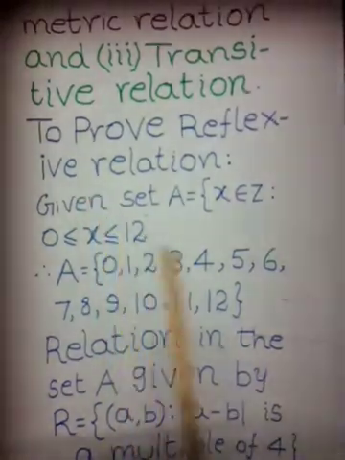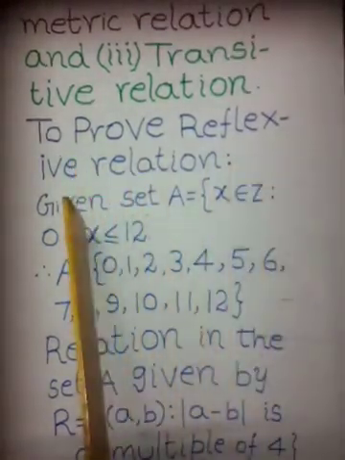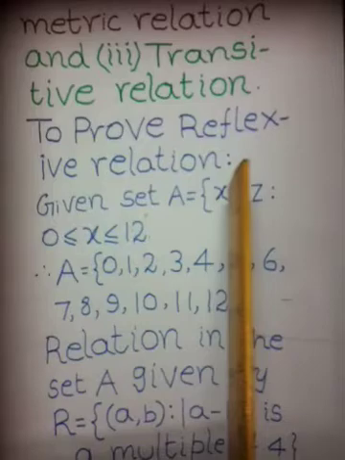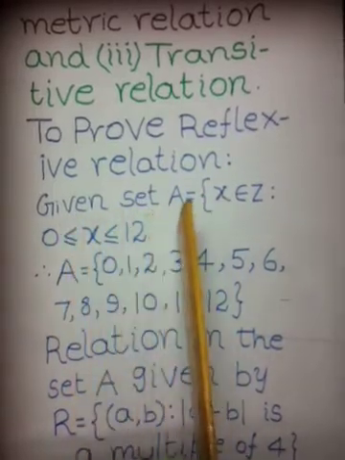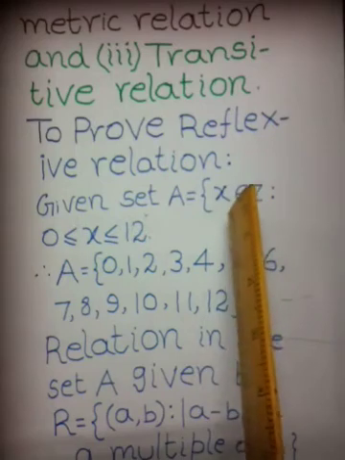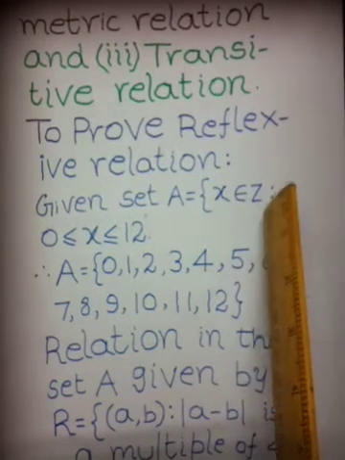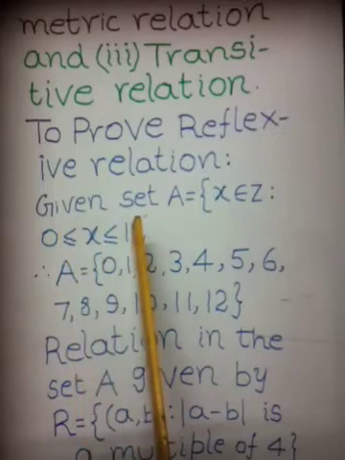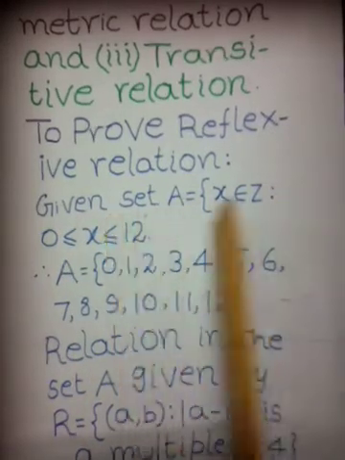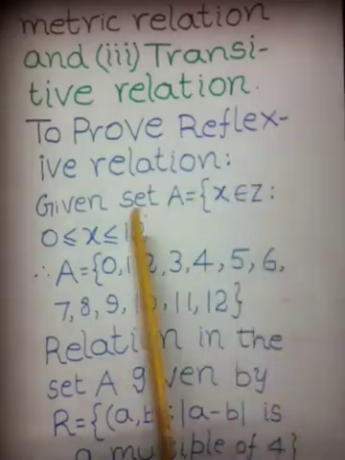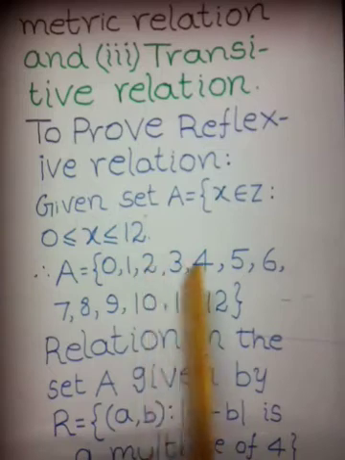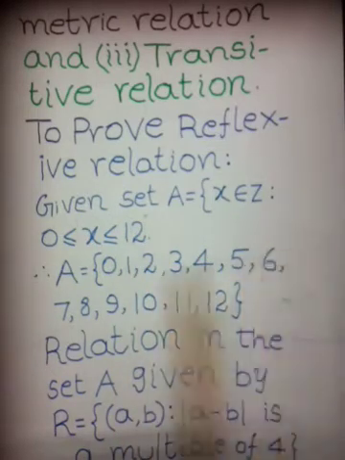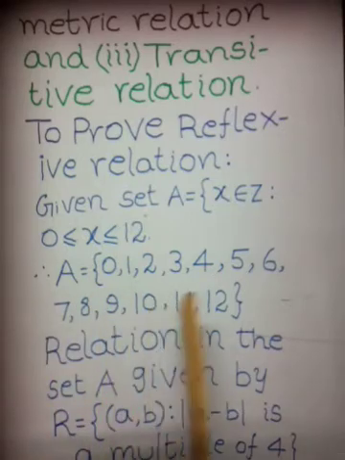So to prove that R is reflexive, first let us take the given set. What is the given set A? A is equal to the set of all x such that x belongs to Z, 0 less than or equal to x less than or equal to 12. Since it is a finite set, let us write the elements of the set A: 0, 1, 2, 3, 4, 5, 6, 7, 8, 9, 10, 11, 12.